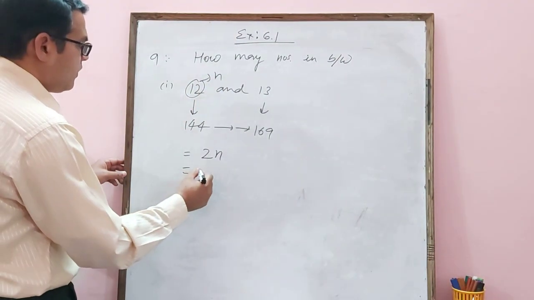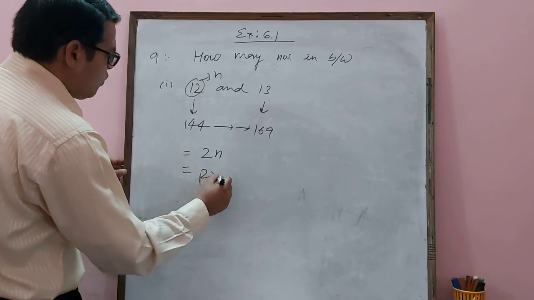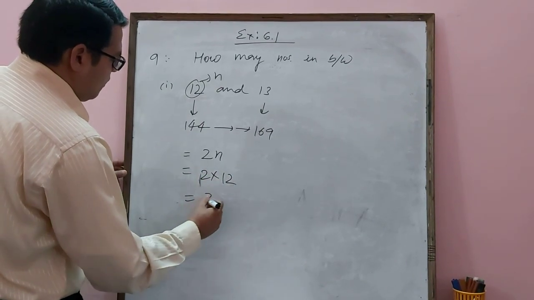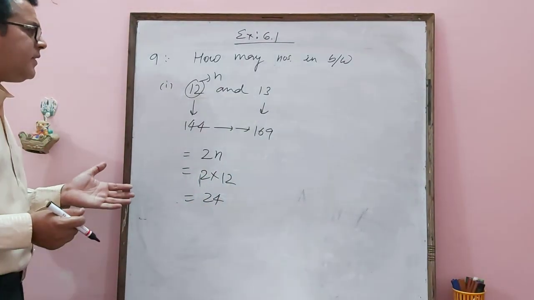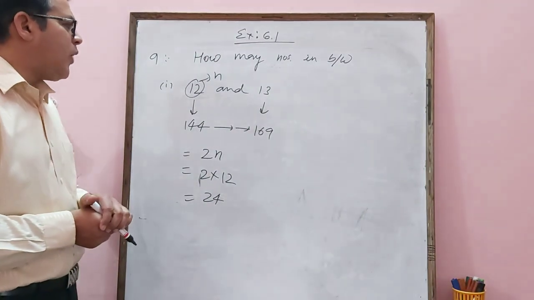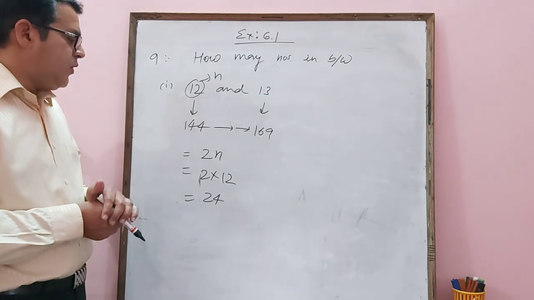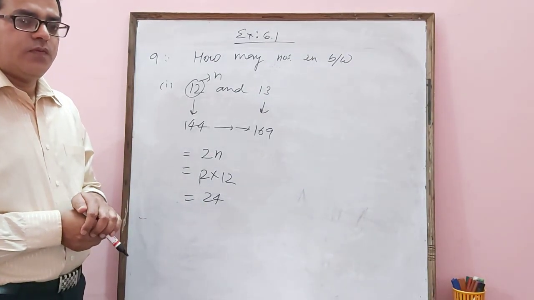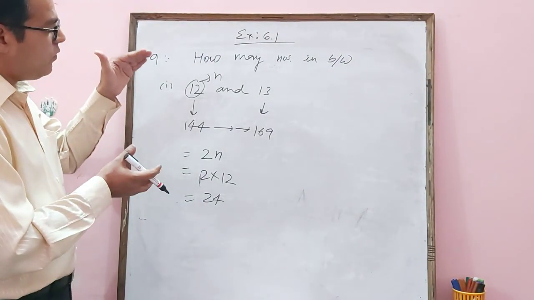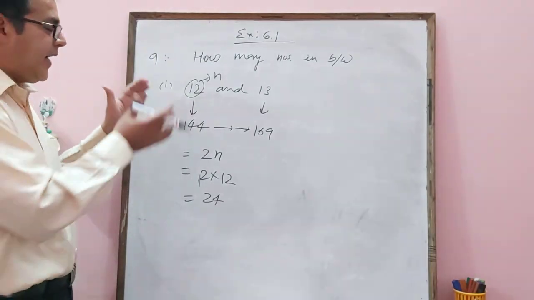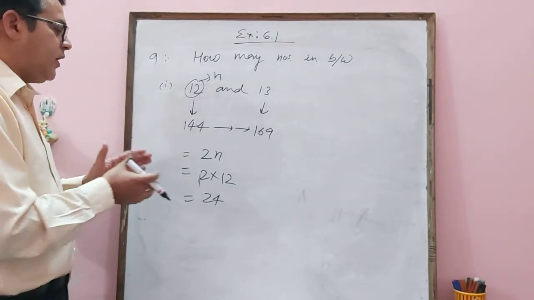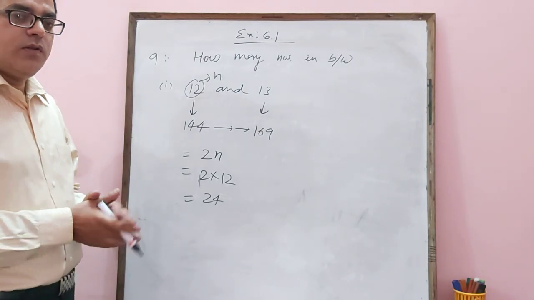So 2 into 12, 24. This is very simple. It means in between the square of 12 and the square of 13 we have 24 numbers. You can also check it by writing all the numbers in between.